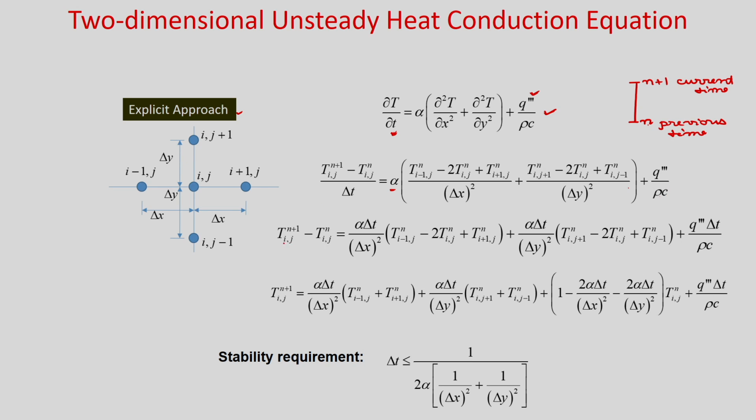So, now you can see here you have one unknown term at n plus 1 and all are at time level n. So, you can express T i j n plus 1 in terms of the known terms.